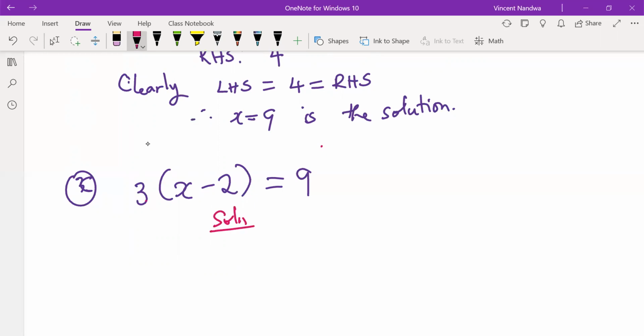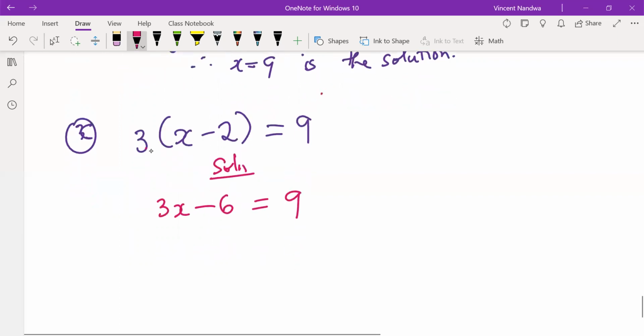So you'll have 3 by x is 3x. 3 by minus 2 is minus 6, equals to 9. So 3x, take minus 6 to the right-hand side. So we'll have 9 plus 6. So 3x, 9 plus 6 is 15.